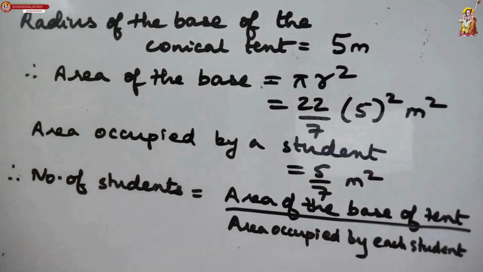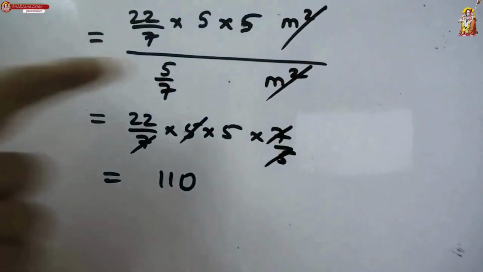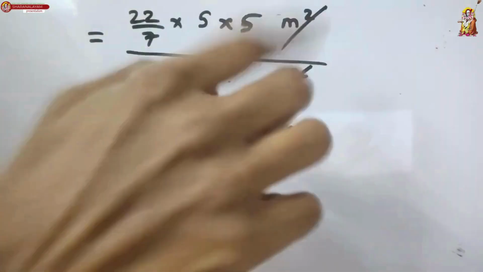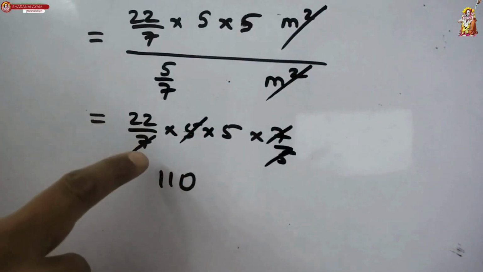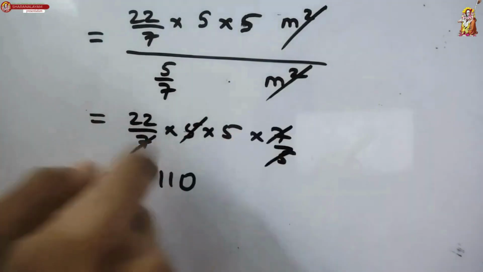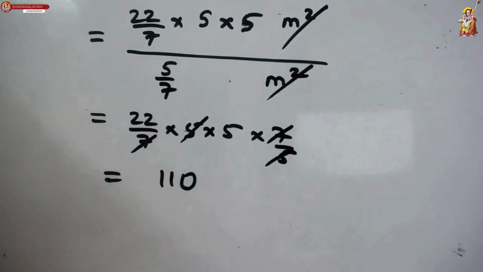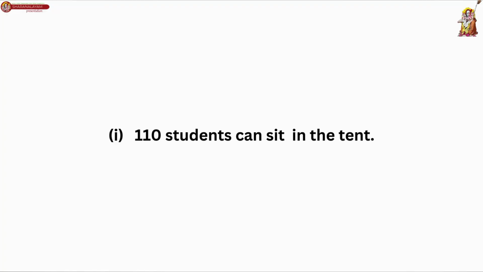And how much does that come to? So we have 22/7 into 5 square meter square divided by 5/7 meter square. Meter square gets cancelled. And working it out, we have 22/7 into 5 into 7/5. So 5 gets cancelled, 7 gets cancelled, 22 into 5, that is 110. So 110 students can sit in the tent.